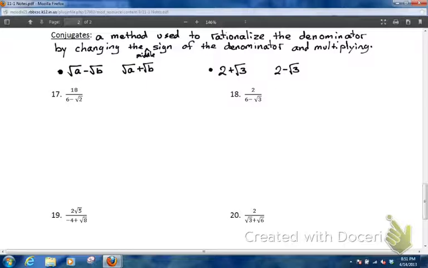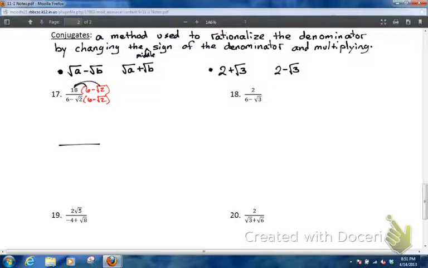So we're going to multiply by the conjugate, which means we're going to multiply this denominator by 6 minus the square root of 2, which means then we also have to multiply the numerator by 6 minus the square root of 2. And then you actually end up multiplying, which in the case of the numerator, it's going to just be distributing.